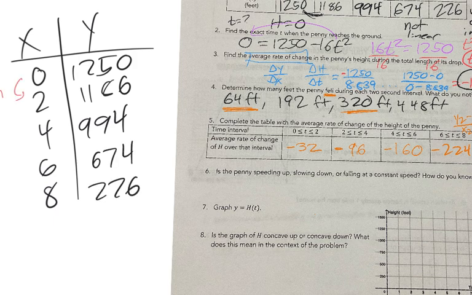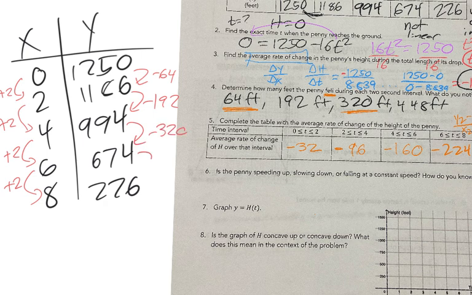So did I have equal changes in the input? Did that produce equal changes in the output? We went down 64, then we went down 192, then we went down 320, then we went down 448. So because it did not produce equal changes in the output, it was not linear.